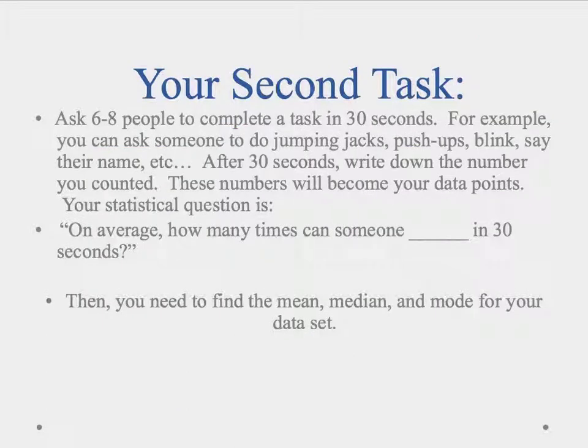And your second task is to actually do some collecting of data. It's a big part of statistics is the actual collection. You need to ask 6 to 8 people to complete some task that you decide in 30 seconds. So for example, you can ask someone to do jumping jacks, push-ups, blink, say their name, whatever you want.